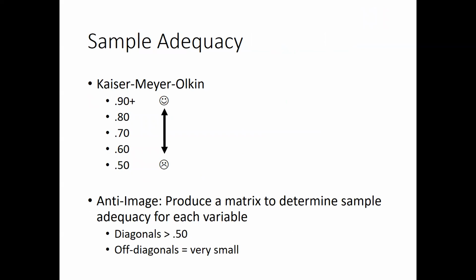The first thing we need to do when we try to figure out how much we can reduce a survey questionnaire or the number of items that we have, in order to go through a reduction process, is determine whether or not we have sample adequacy. So we've got these questions, we've got our responses. Well, there's 2 ways that I want you to assess this, kind of on the front end, do some quality control.